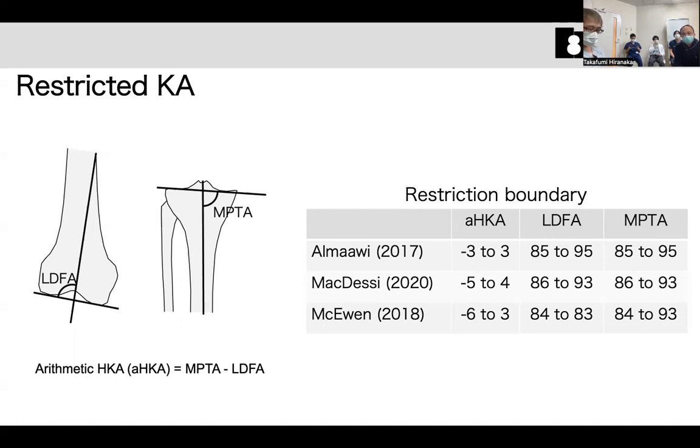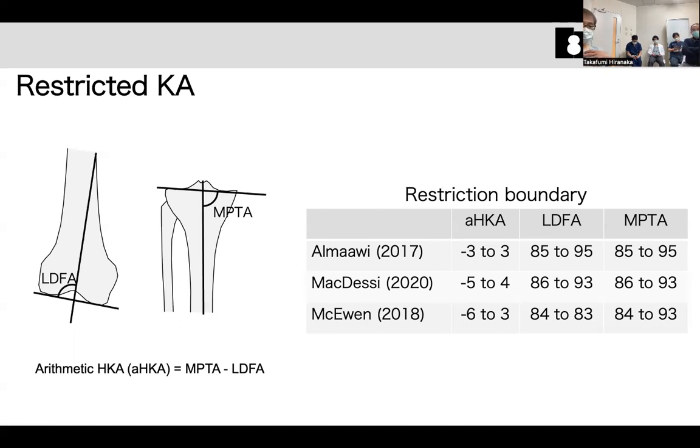It is normal. So that's why the ROSA and most robots limit their coronal alignment up to 5 degrees, in both LDFA and MPTA. So anyway, this is a restricted alignment.